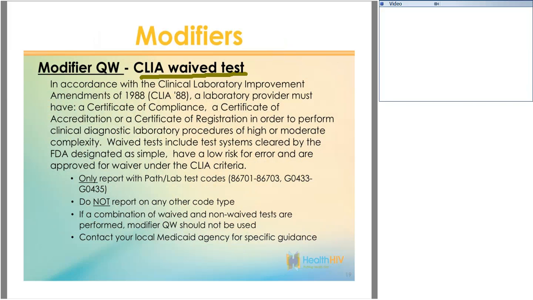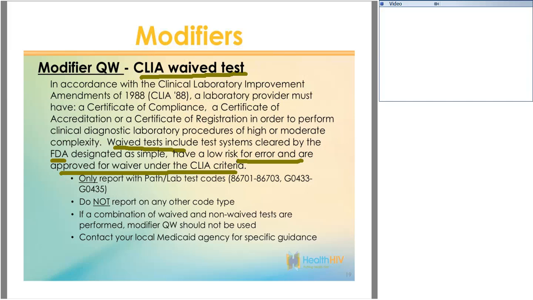This modifier is used to describe a CLIA waived test that has been cleared by the Food and Drug Administration. In short, simple terms, it's a simple test that's performed at point of care, that has a low risk of error, and it is approved under the waiver program under CMS. CMS stands for Centers for Medicare and Medicaid Services.